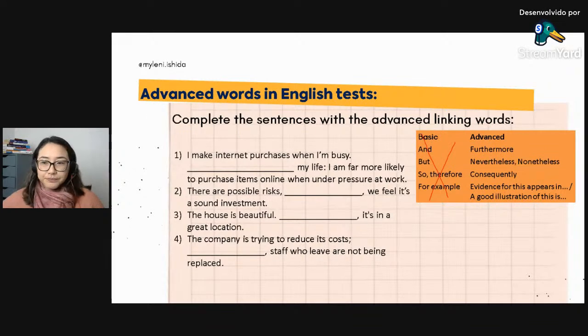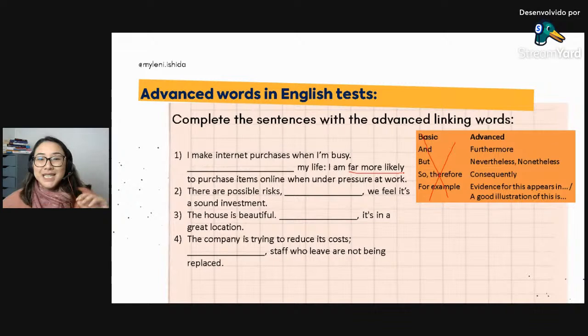Okay, let's see. I make internet purchases when I'm busy. I am far more likely to purchase items online when under pressure at work. So, "far more likely" means the probability is higher.